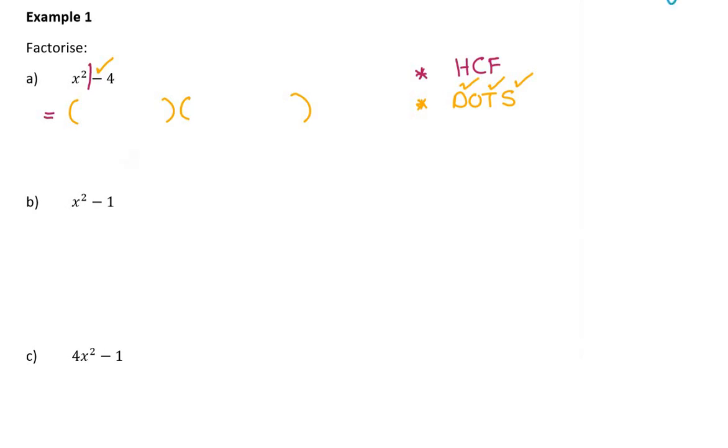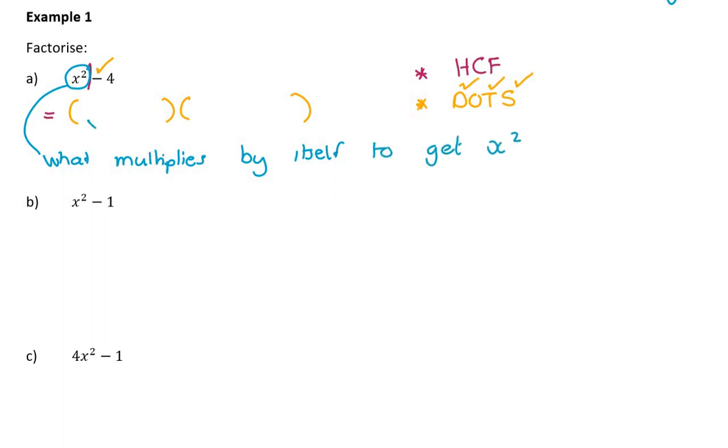And we say to ourselves, and I'm going to just color coordinate this, what multiplies by itself to give me x squared? And that's what goes there. So this is x times x will give me x squared.